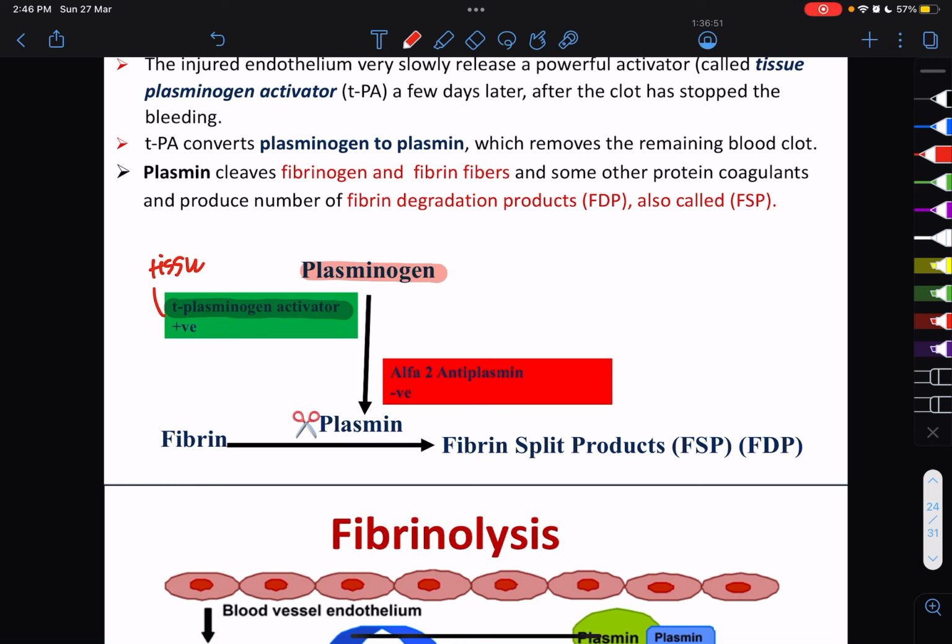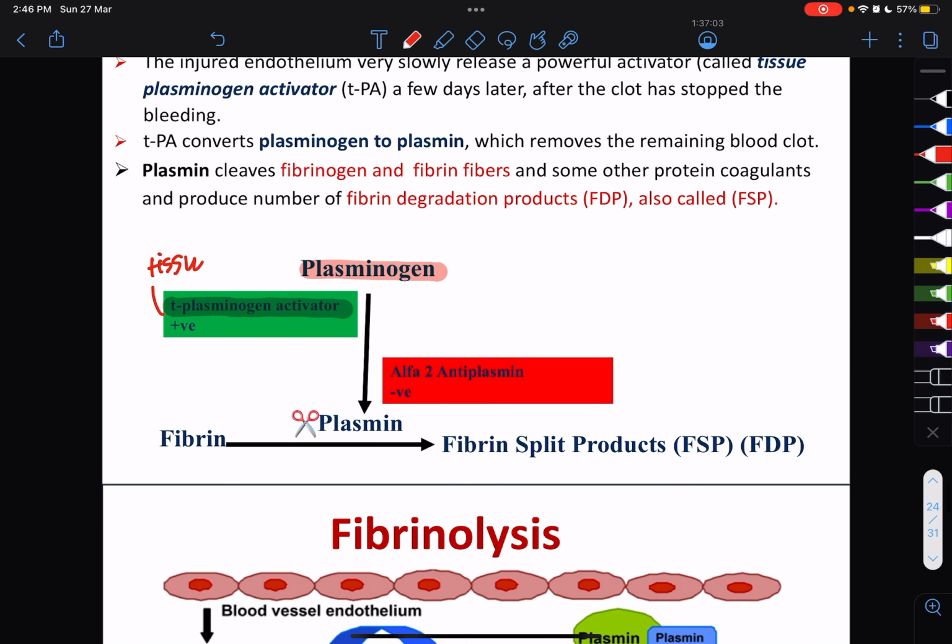So for controlling the plasmin activity, we have another substance, and it's called alpha-2 antiplasmin. If plasmin is working, there is a substance which is checking the activity of the plasmin. If plasmin is working more, it will handle it, grab it, and kill the plasmin. So alhamdulillah, you have an activating substance, and you finally have an inhibiting substance which is controlling the plasmin also.